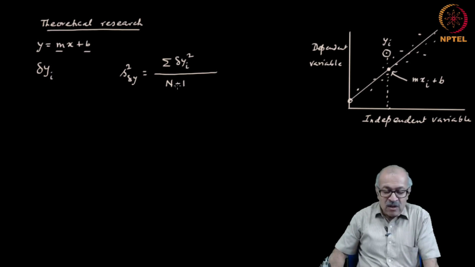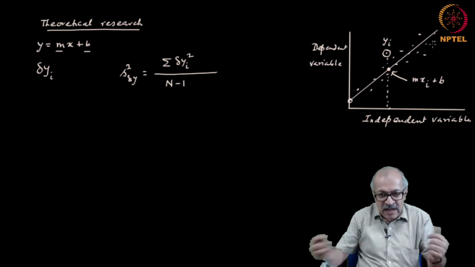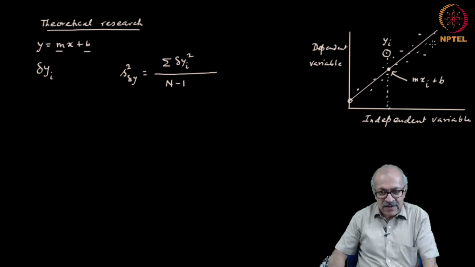But here notice the points are not scattered in any possible way. The points are scattered around a one dimensional object. It is basically these deviations we are talking about, not just a scatter of points and their standard deviation.